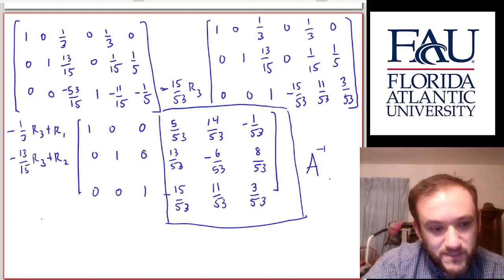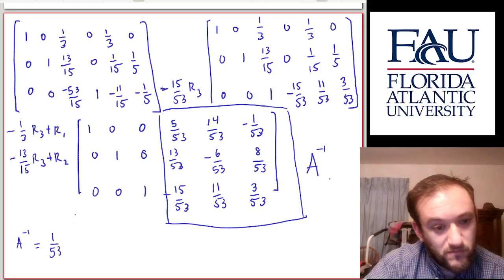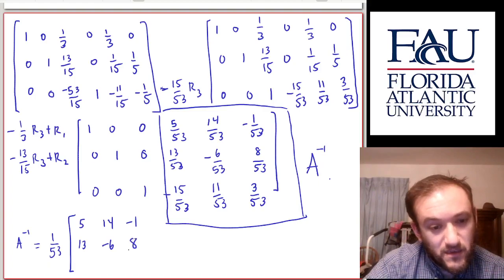We could summarize this by saying A inverse is equal to 1 over 53 times the matrix 5, 14, minus 1, 13, minus 6, 8, and minus 15, 11, 3.